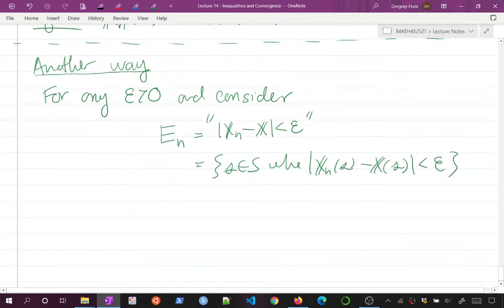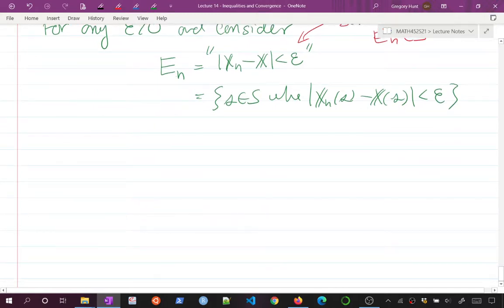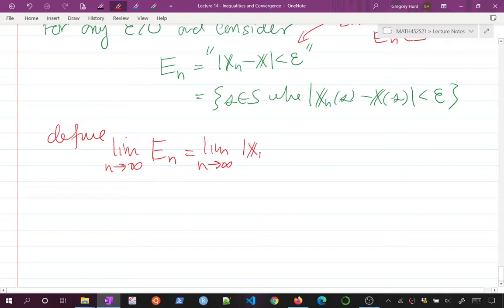But this is just some event. Okay? And I'm going to define the limit as n goes to infinity of these events, of these E_n events, which is the limit as n goes to infinity of, we could say, |x_n minus x| less than epsilon, right?